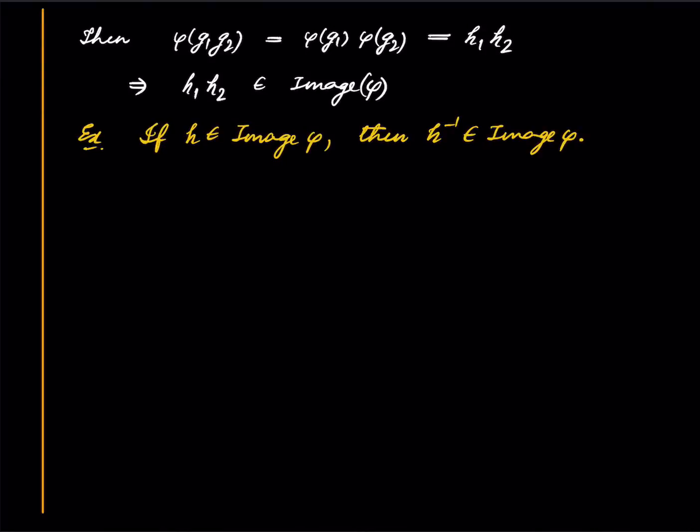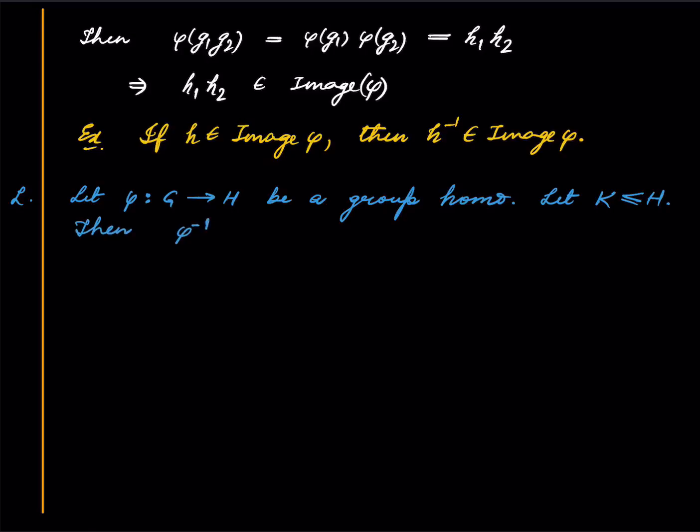Okay, another nice thing is the following. Let phi from G to H be a group homomorphism. Let K be a subgroup of H. Then phi inverse K, which is a set theoretic concept, meaning those elements in G which map into K, is a subgroup of G. So what does it say?